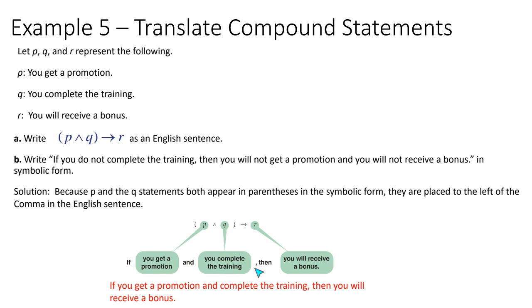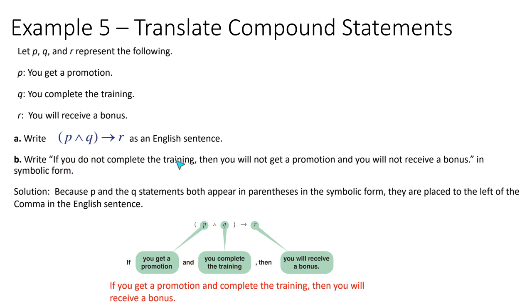So now I know I need a comma. So there's my comma. Then R, you will receive a bonus. So in English, it would be read as if you get a promotion and complete the training, comma, then you will receive a bonus.